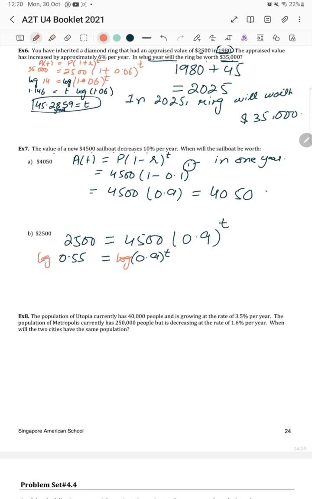Taking log, t will be equal to 5.579 years.